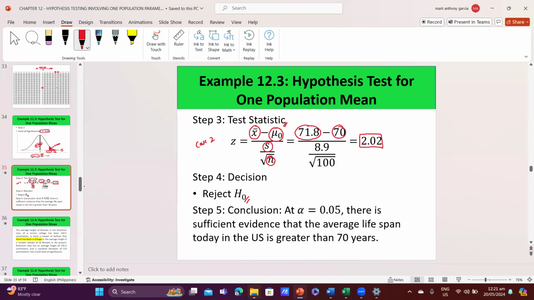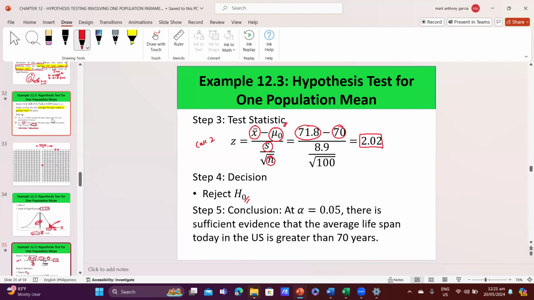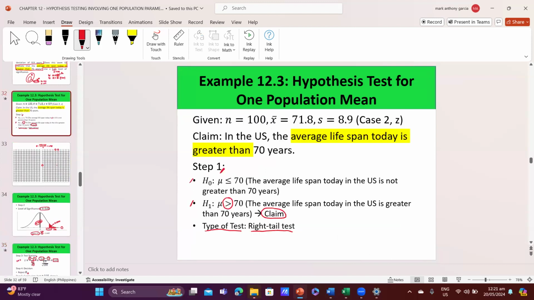So for step 5, for our conclusion, we will base our statement on the position of the claim. In step number 1, it says that our claim is in H1. And our decision is reject H0. So if we reject H0, that means there is a reason to believe that our claim is correct.